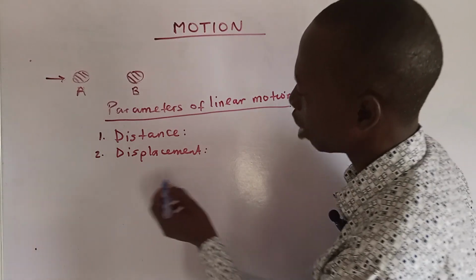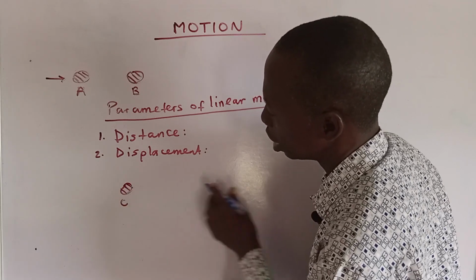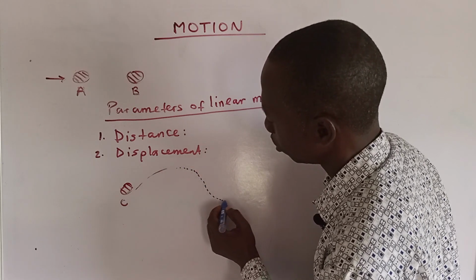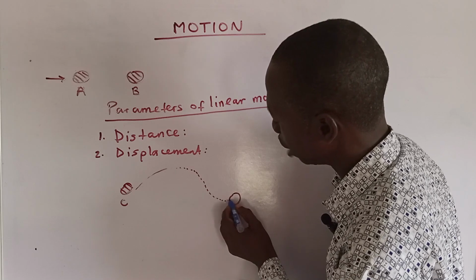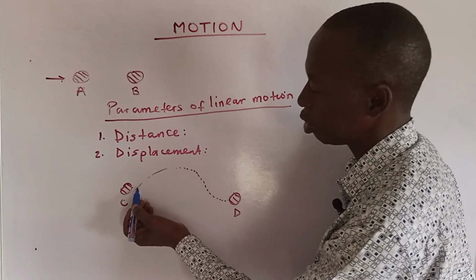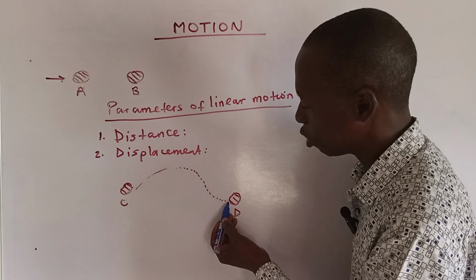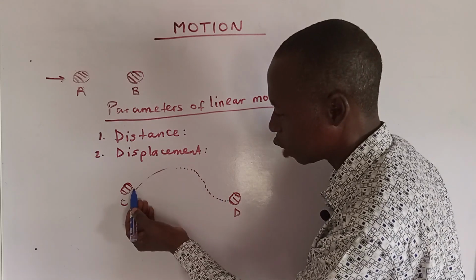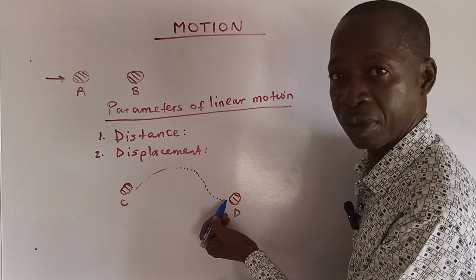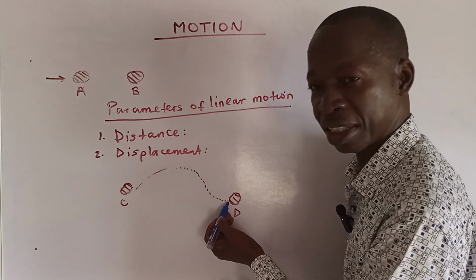So again, if I have an object at position C, and that object moves along that path and stops at position D, and I'm asked to take the amount of space between position C and position D, that space between C and D is distance. I hope we're getting what I'm explaining here. So from position C to position D is distance.